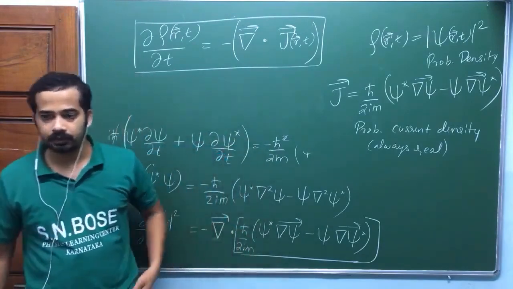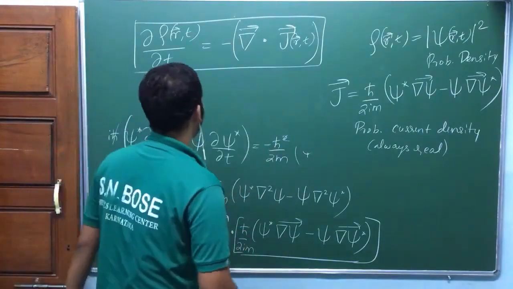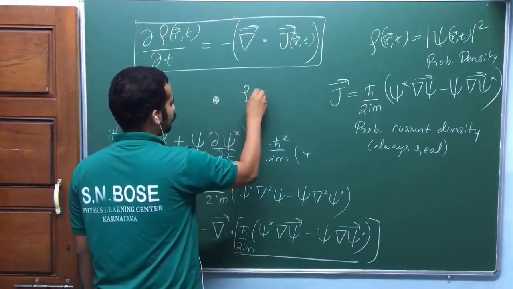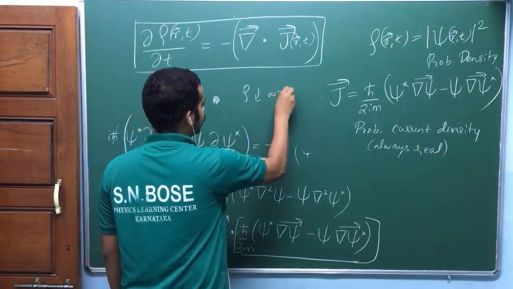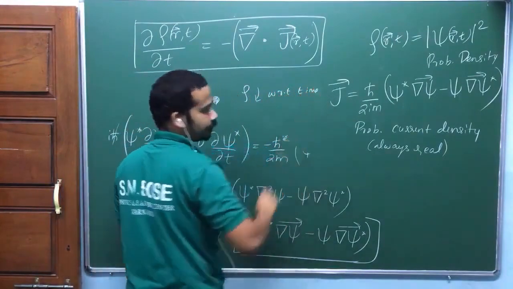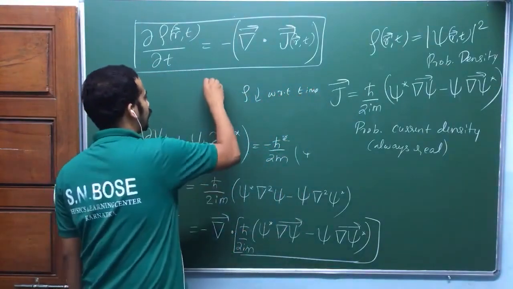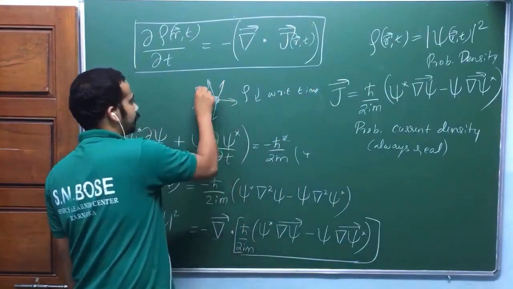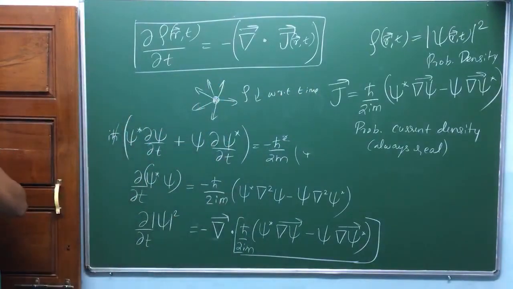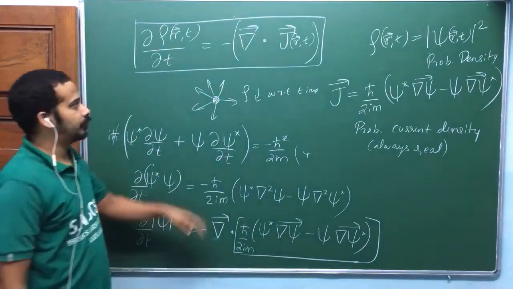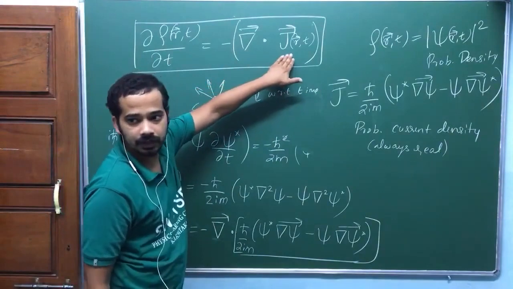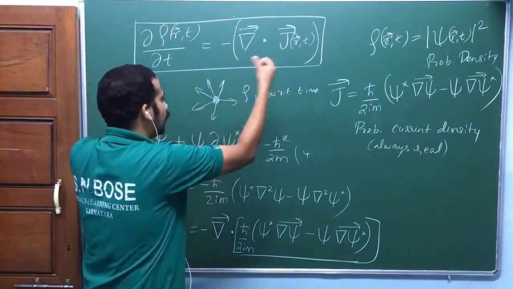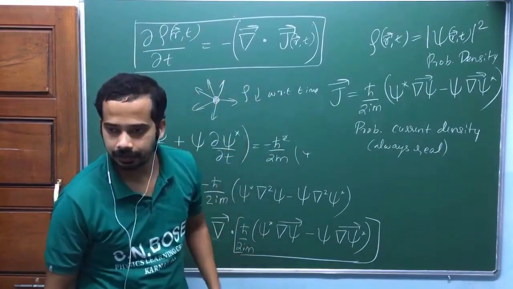So you have some region in which ρ is decreasing with respect to time, and the vector field j has this kind of nature. It is diverging from that point. Because it's a divergence of j, am I right? This divergence exists means the vector field is going outward from the point actually.